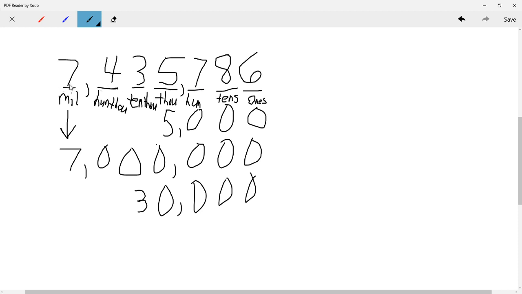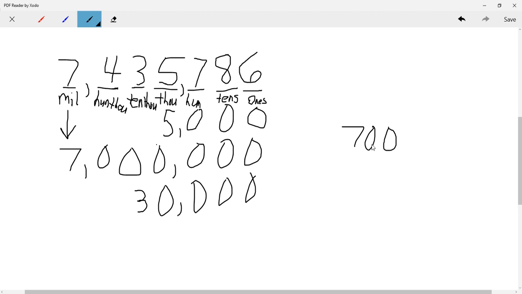Basically, all you would do in this case is we know this one's worth 7 million. This one is worth 700, right? It's in the hundreds place, 7 and then 2 zeros, so 700. And then all we would need to do is just count how many more zeros 7 million has than 700.